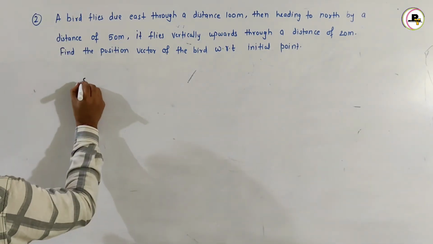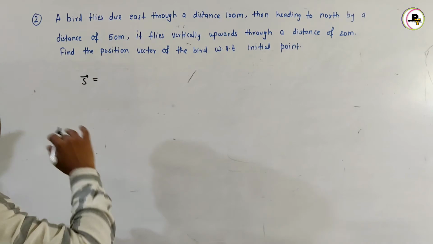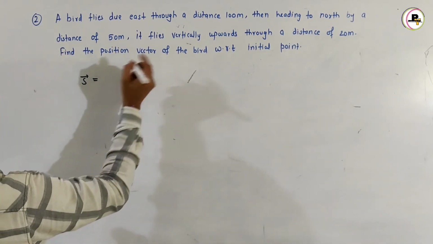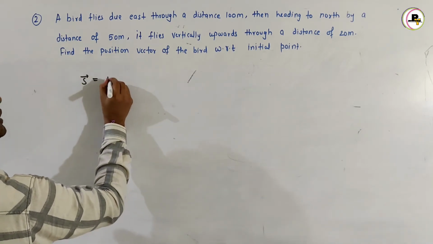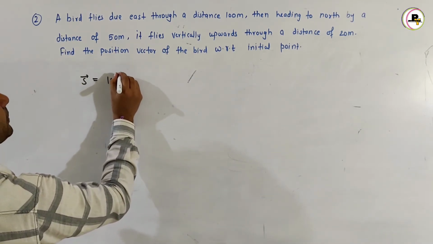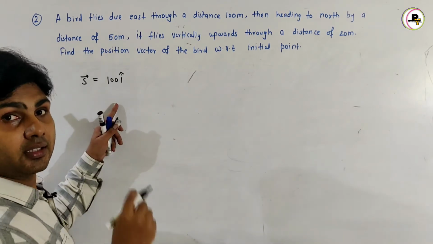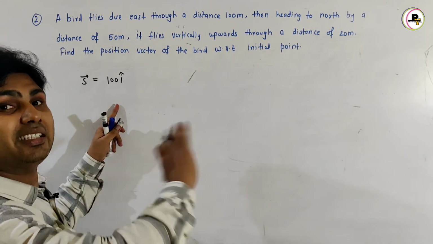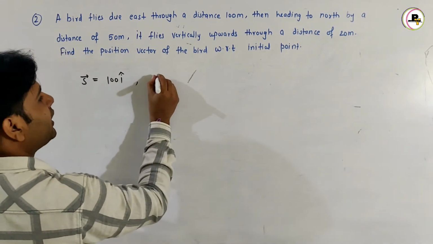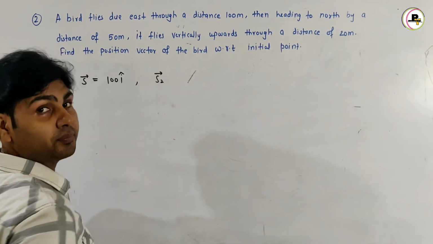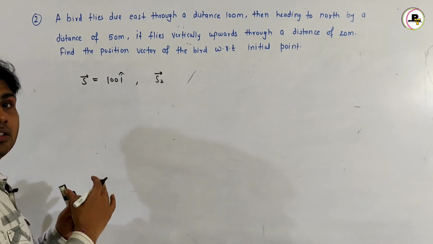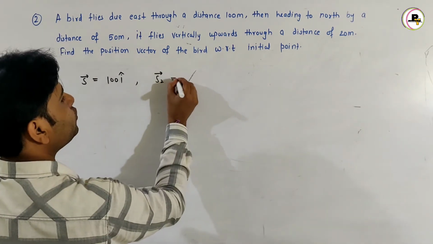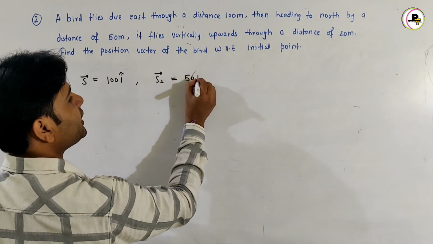I can take S vector equals to what? It is moving towards x-axis. So what is the distance? It is 100 meters, so I can take it 100 i cap. This is the displacement of the bird, or distance traveled by the bird along east. And S2 vector is what? It is given along north direction, that I can take y-axis, and this is equal to 50 j cap.